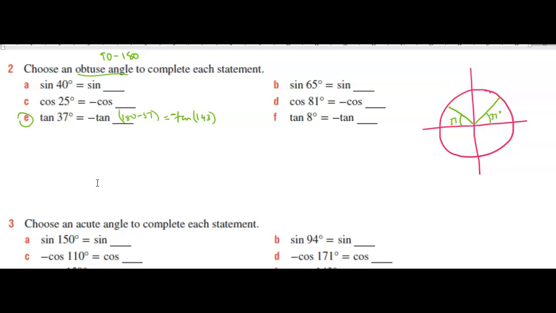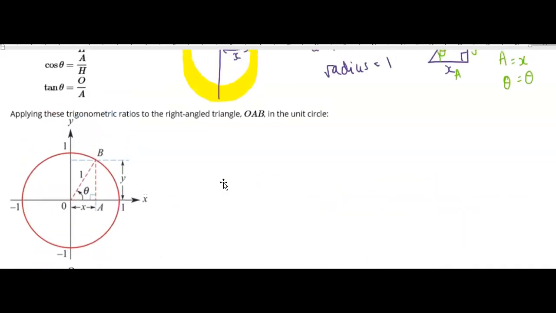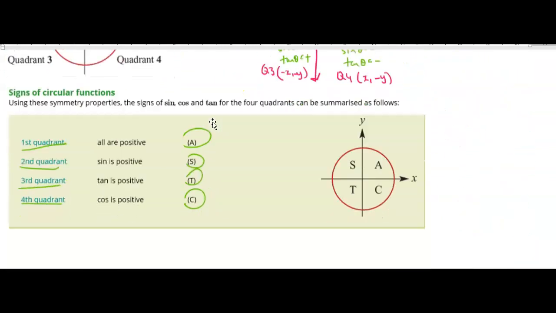And that comes back to, if I go back to my graph, this isn't a tan graph, it's a sine graph, but you can see if I was to draw a line going through like this, you're going to get values that are the same. Okay, so that's why you can have more than one answer.